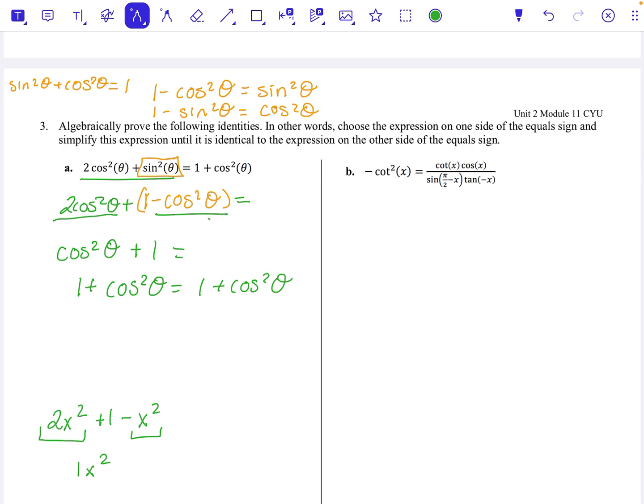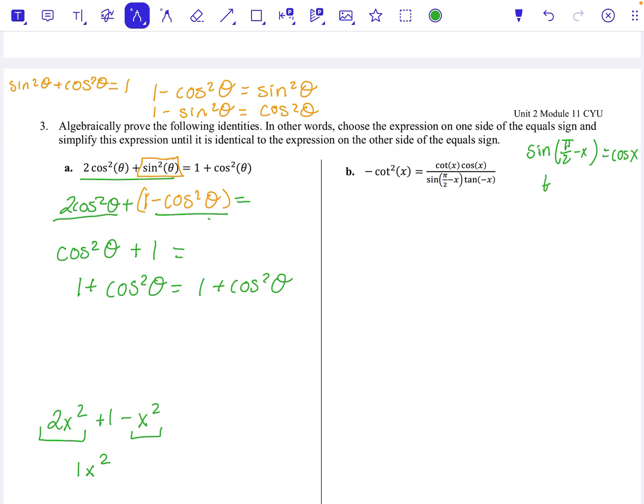All right, letter B. I think it's very clear which one is the more complicated side. That would be the right side. So we got some identities down here at the bottom. Before we replace with sine and cosine, we're going to deal with those. So sine of pi over 2 minus x is just the shifting of our function, and is actually equal to cosine of x.